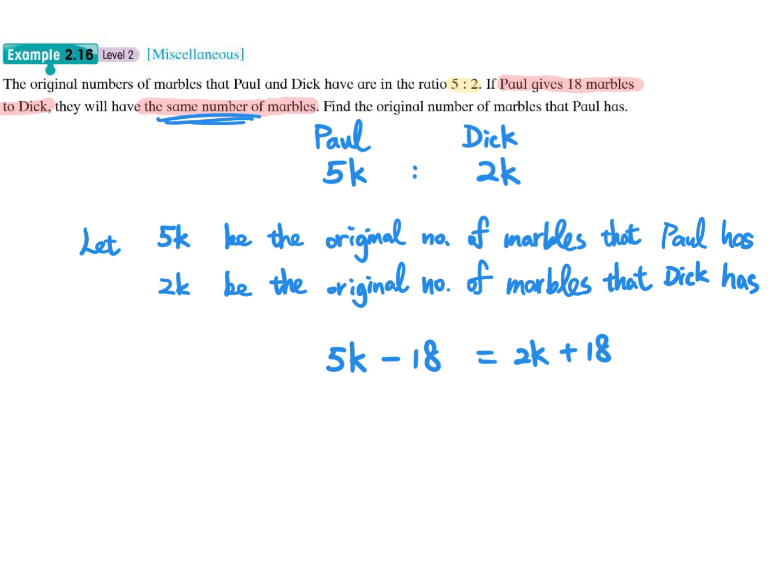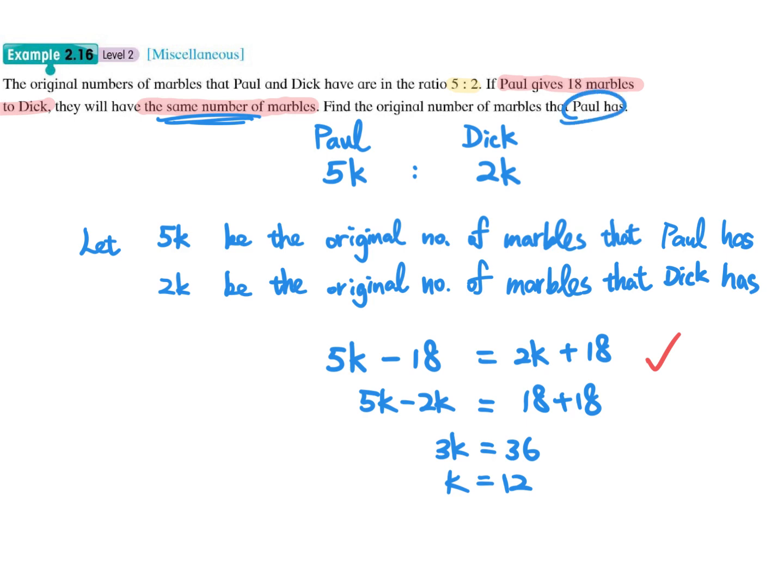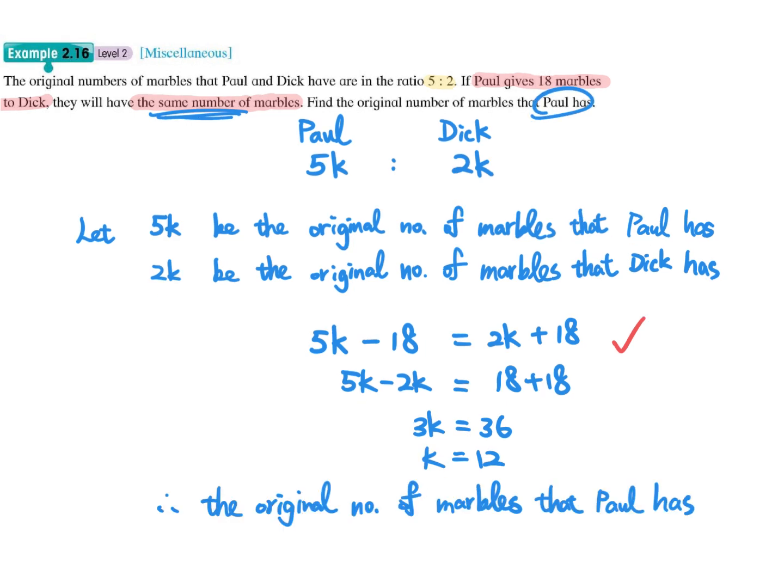So I can set up this equation. After solving the equation, we know that k equals 12, and we have to find this. So the required number is 5k, which means 5 times 12, it is 60.